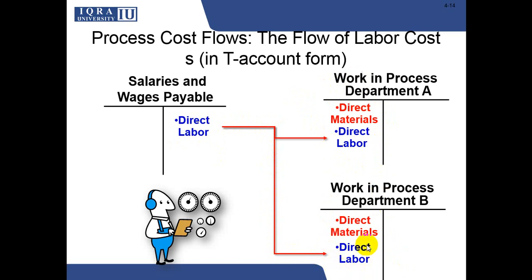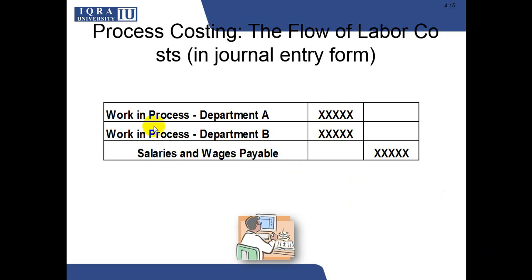So both WIP Department A and WIP Department B are debit, and salaries and wages payable is credit.